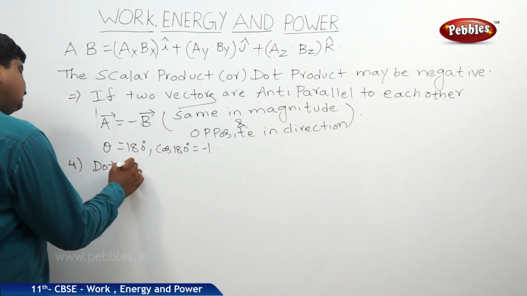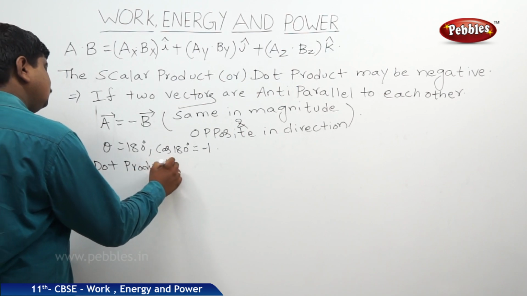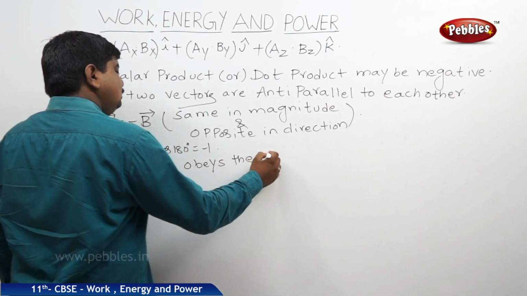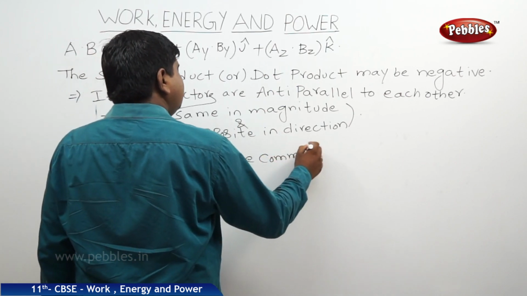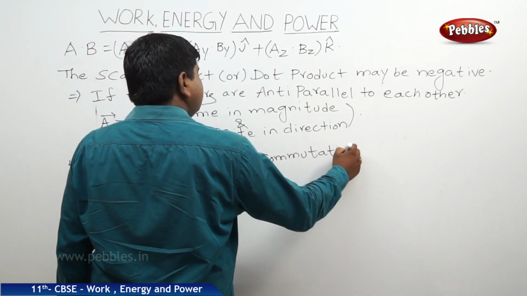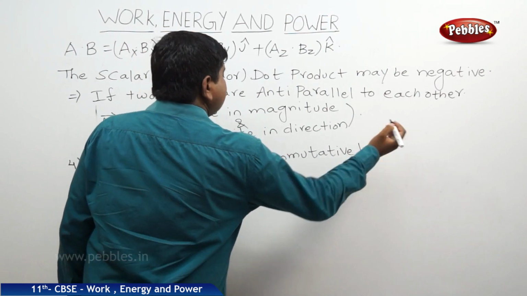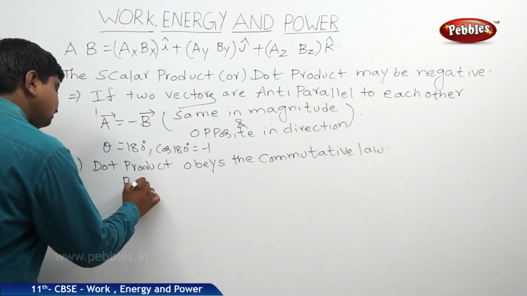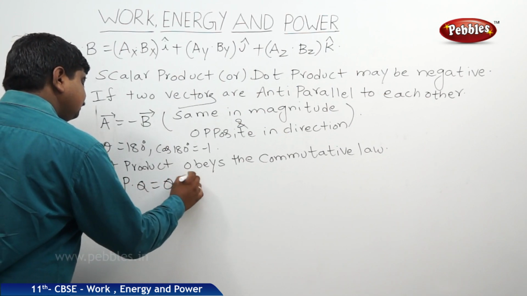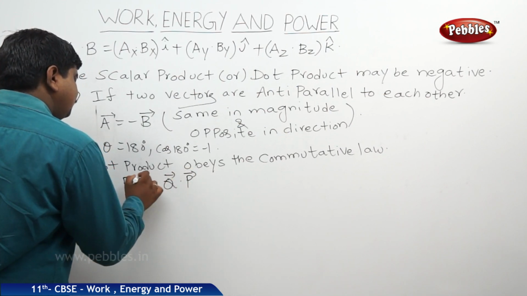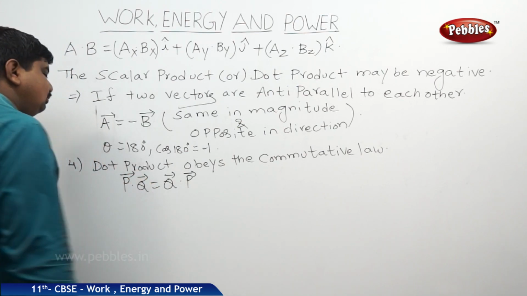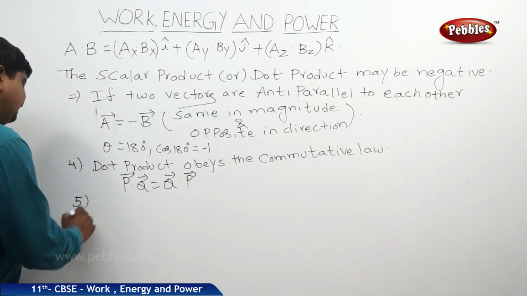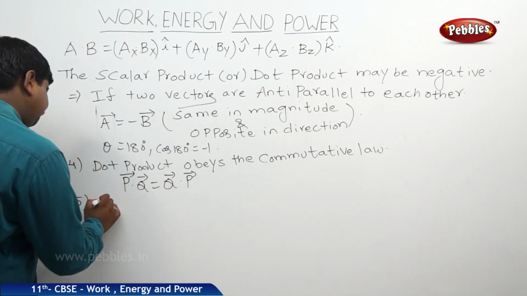Dot product obeys the commutative law. So what is the meaning of commutative law? P dot Q is equal to Q dot P. We can keep the bar symbols to represent vectors. And this dot product obeys the distributive law also.